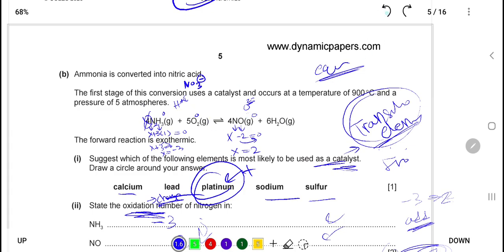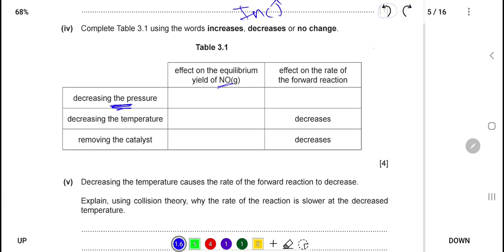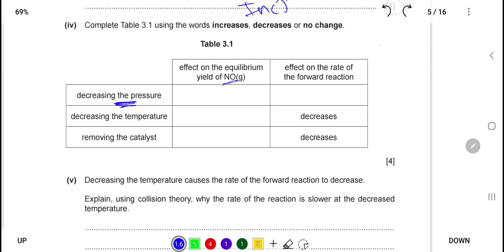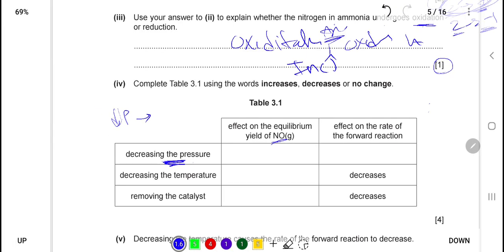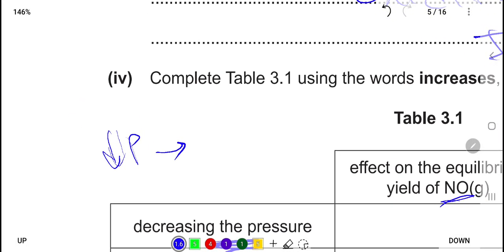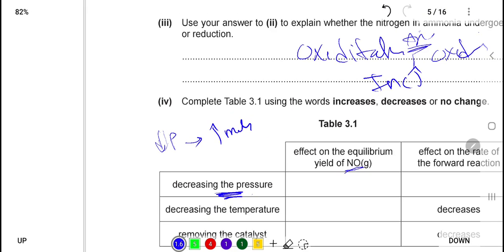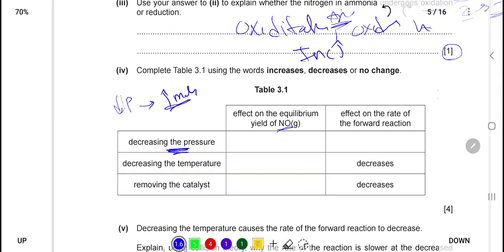Okay, so decreasing the pressure. Okay, need to know first thing, decreasing the pressure will favor the side with the highest moles.